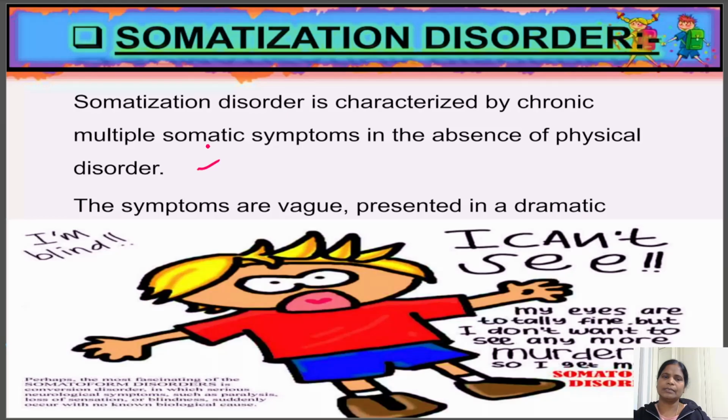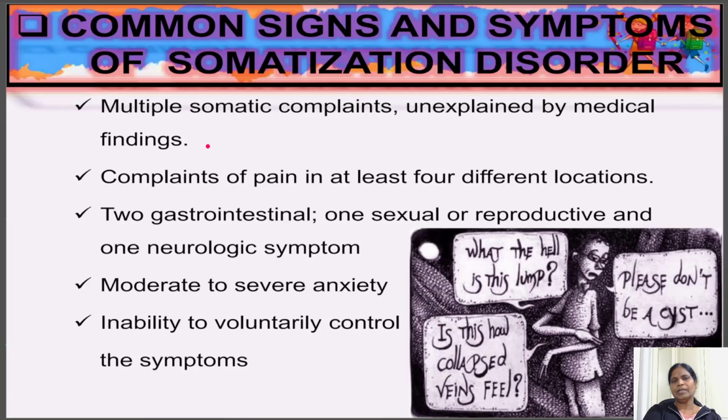These symptoms are vague and presented in a dramatic way, and apart from this, anxiety is present from moderate to severe levels. So, as I have already said: 4 different locations, 2 gastrointestinal, 1 sexual, and 1 neurological, with anxiety from moderate to severe.